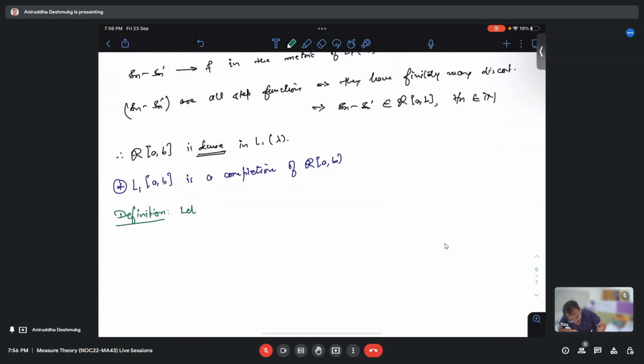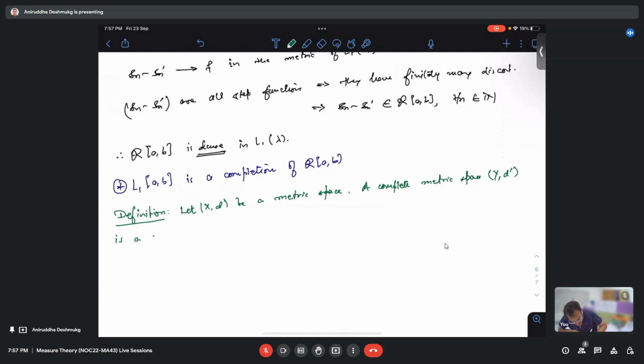So let (X, d) be a metric space and, okay, a complete metric space (Y, d prime).